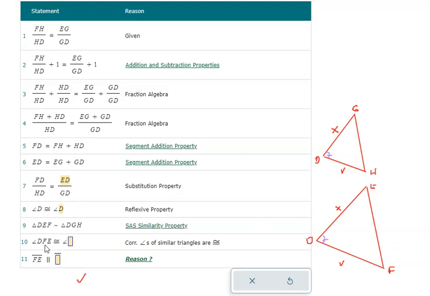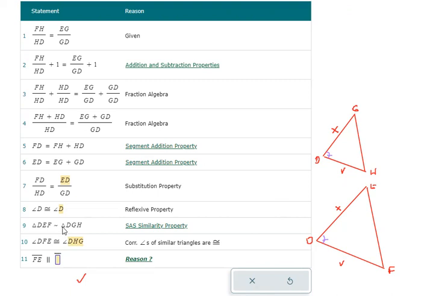And then the last statement says right here, DFE, which is the angle F right here, which corresponds to this guy, H, so it has to be congruent. So that would be DHG. Be careful. This means angle.